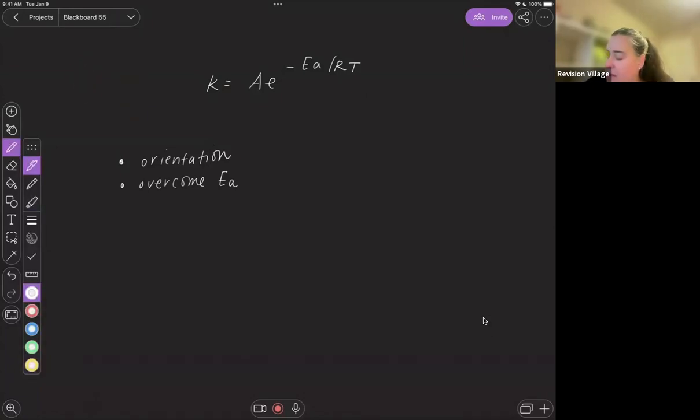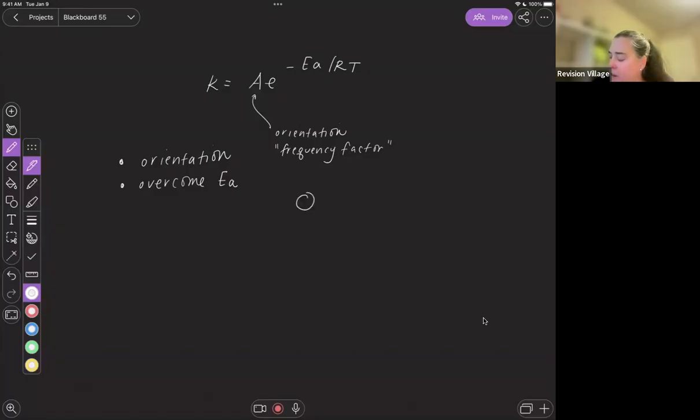The rate constant says, let's look at the orientation or geometry factor. We call this the frequency factor. And it says, if two molecules were to collide, what are the chances that they would collide with the right orientation to react?